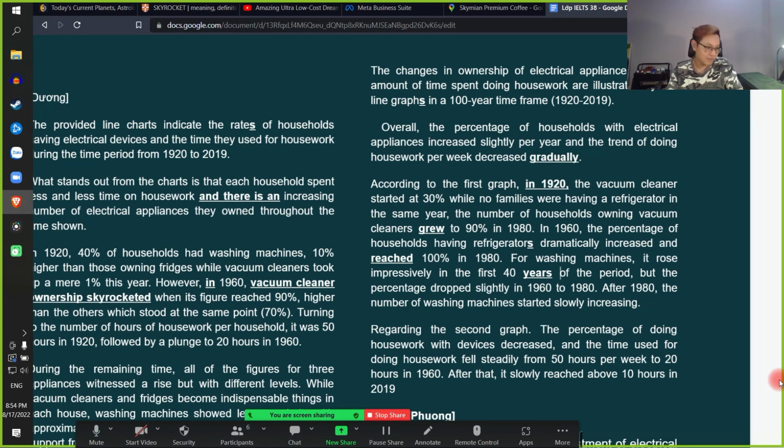Remember, if you do not have enough words to make the sentence make sense, people will not understand it. Band 5 or even worse than that. Sẽ bị trừ còn thấp hơn luôn đó nha. But the percentage.